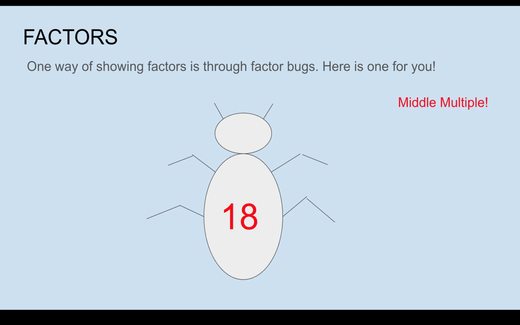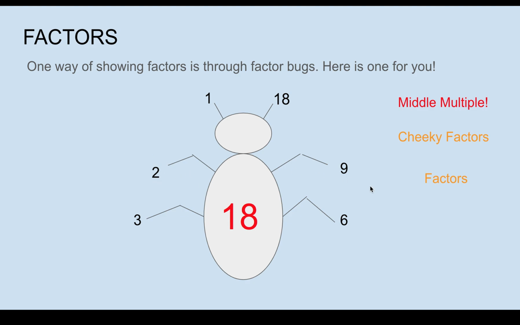The first thing that I have to do when drawing a factor bug is go straight to a certain type of factors, the ones that go on top, and they are called our cheeky factors. And then the rest of the factor feet can be filled in. The reason why I've got these numbers here is because 1 times 18 equals 18. So that's a factor pair.